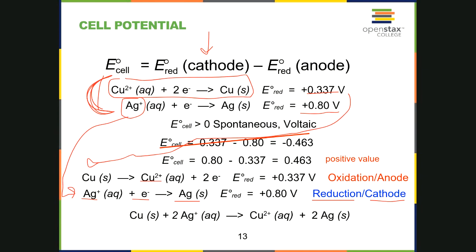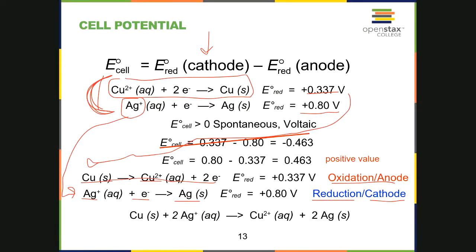Yes, I did. I'm sorry. We want the copper 2 plus on the right, so we're going to start out with the copper solid on the left. And so this is the reaction that's actually happening in our voltaic cell. And so that's the anode, and that's the oxidation. We're going to do this on a worksheet, and I think once you do it on a worksheet, it's probably going to be easier to see than me trying to explain it.